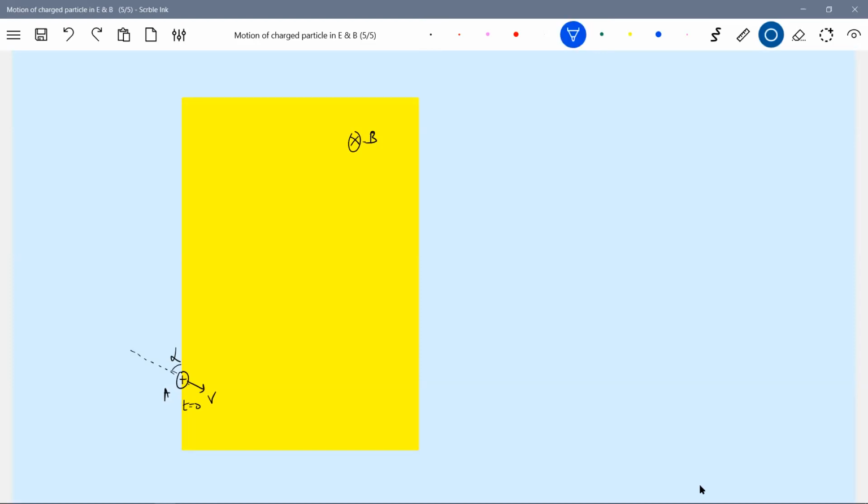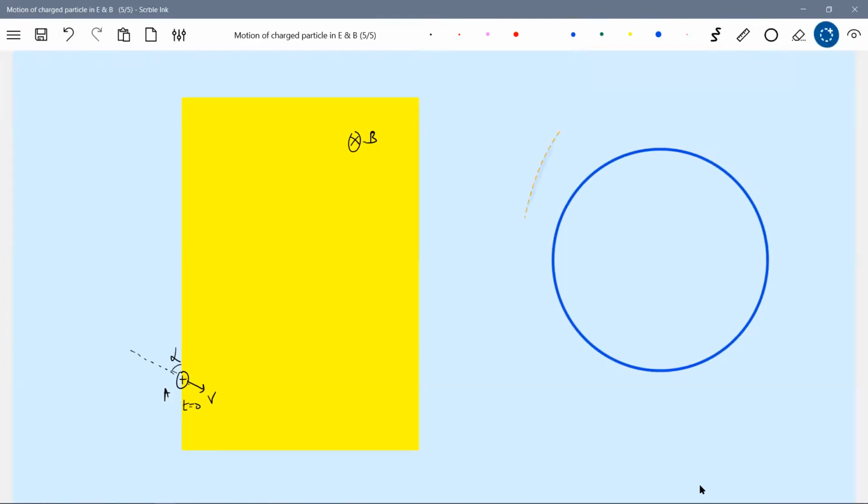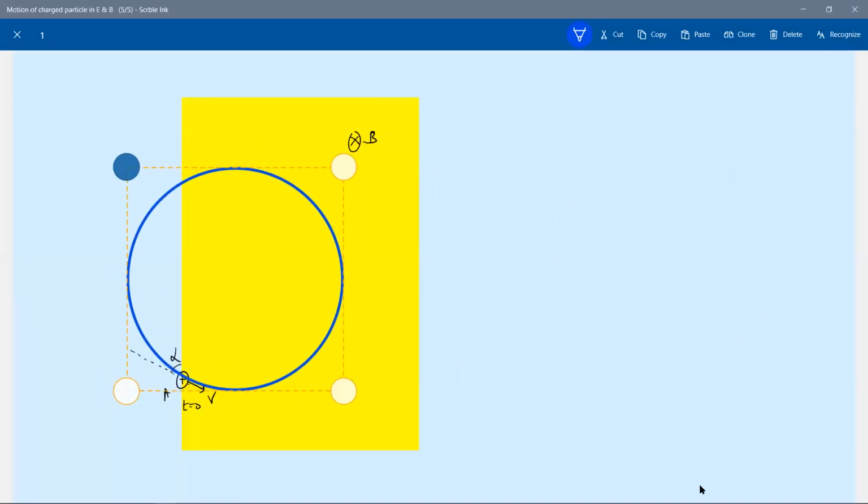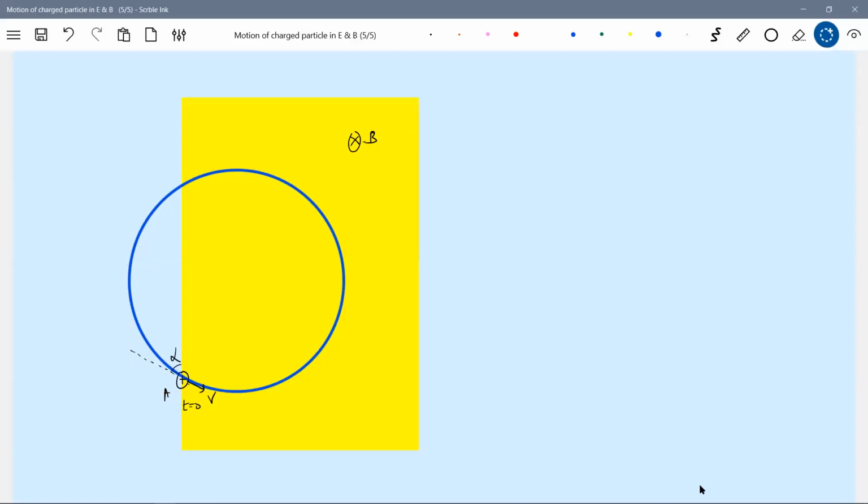Some lighter colors. Okay, look at now. This will be the path of the charged particle.